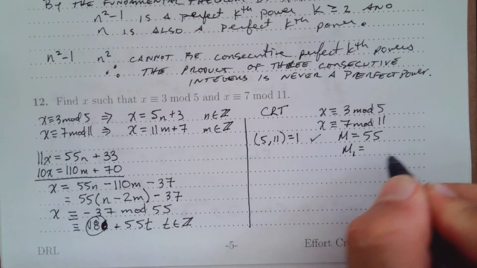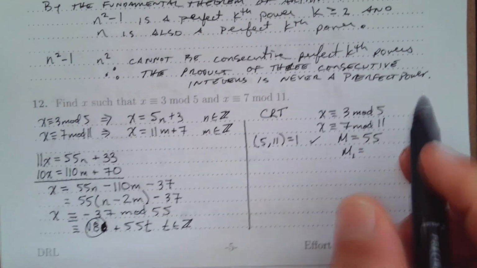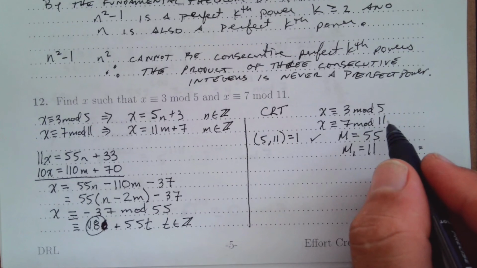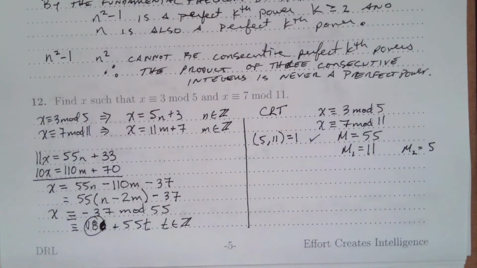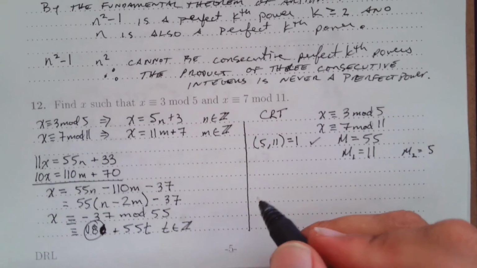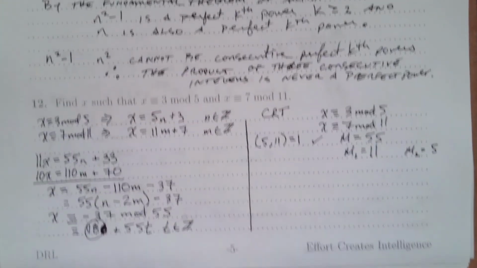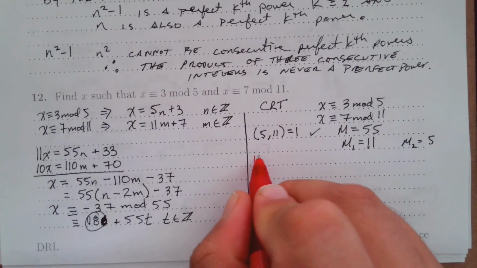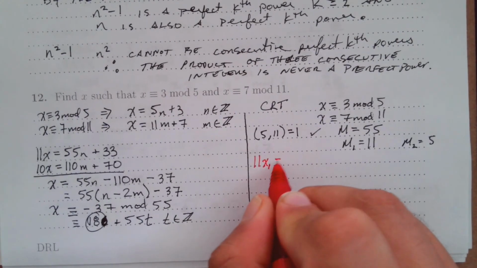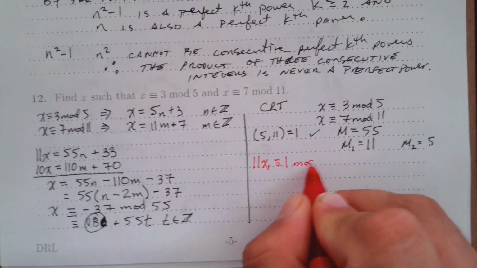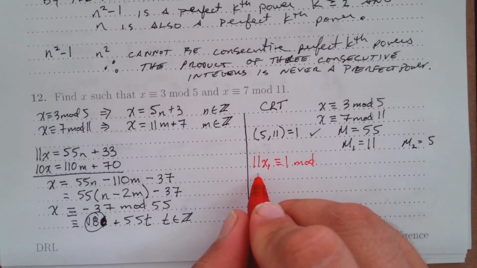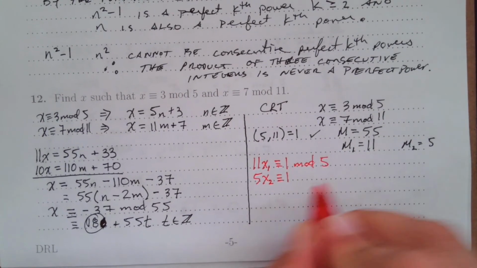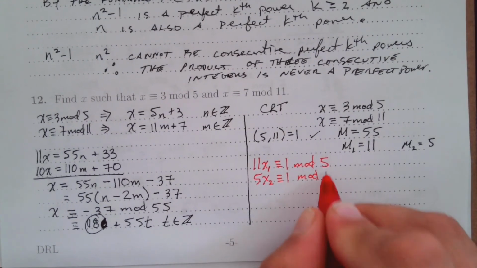We need to find our minor products, which would be 55 divided by 5, so that would be 11, and 55 divided by 11, so that would be 5. So now we have a new system that we're going to need to solve, which will be 11x1 needing to be equivalent to 1 mod 5, and as well 5x2 needing to be equivalent to 1 mod 11.